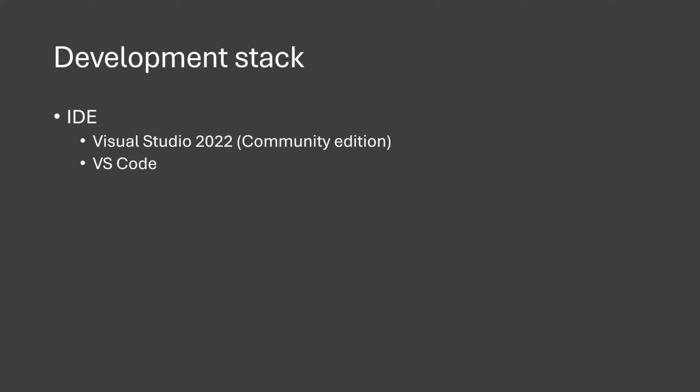All right. So the next part of the development stack is the IDE that we'll be using. Once again, I have worked with many IDEs over the years, and in my experience, nothing beats Visual Studio. Like, not even close. I've done some Android development. I've done some Java development with all of these things like NetBeans and Eclipse.